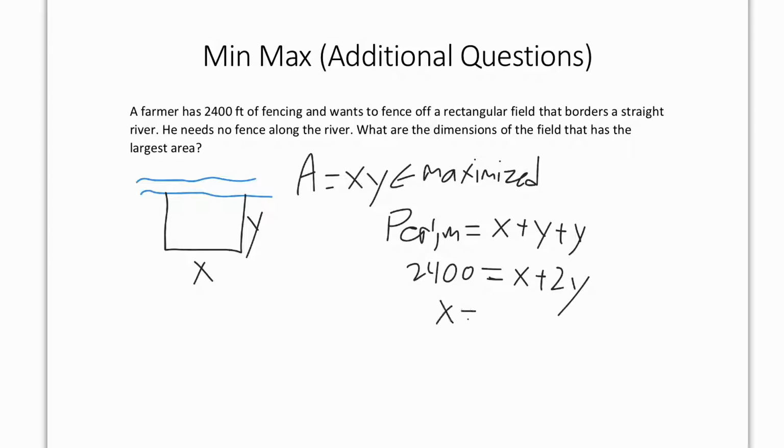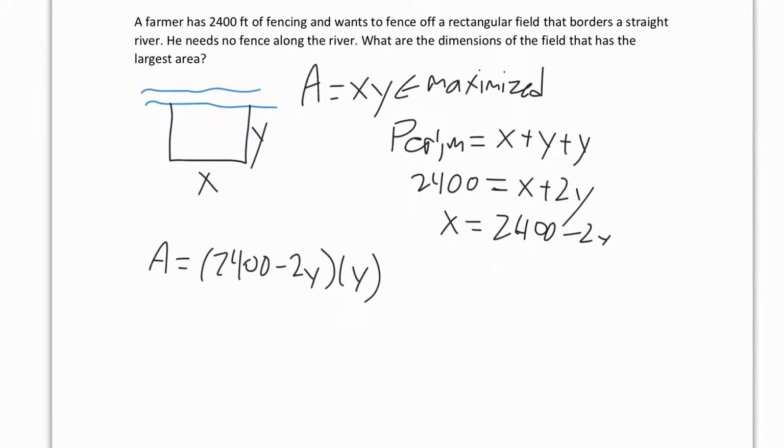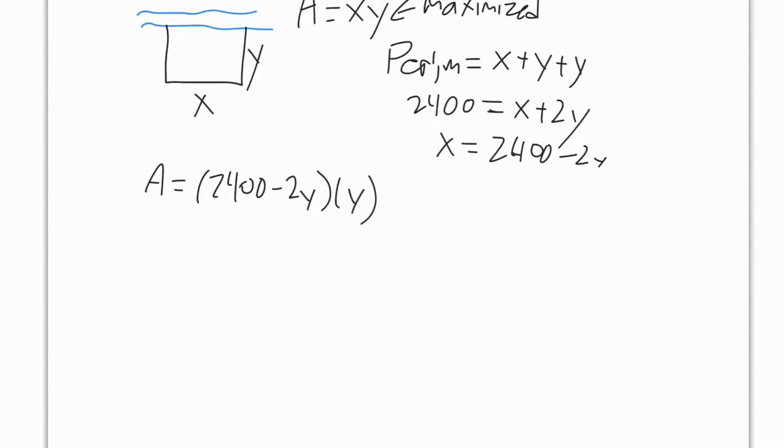Looks like I could isolate for x, so x is 2,400 minus 2y. So that gives me area is equal to 2,400 minus 2y times y. Now, we can expand that, of course, to make our calculus a little bit easier.